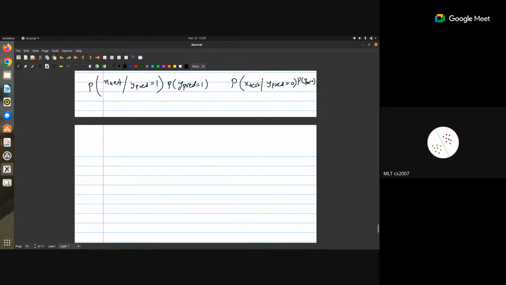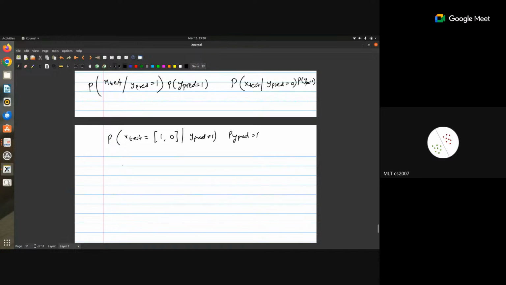So the probability of x test given prediction y equal to 1 is basically the probability of x test equal to 1 0 given y prediction equal to 1 into the probability of y pred equal to 1.